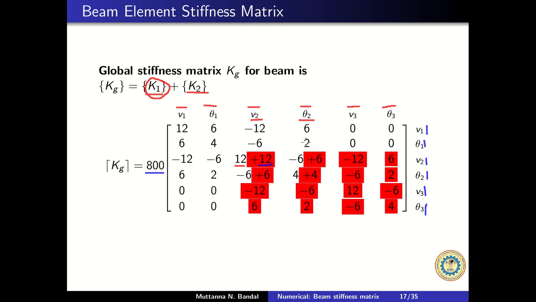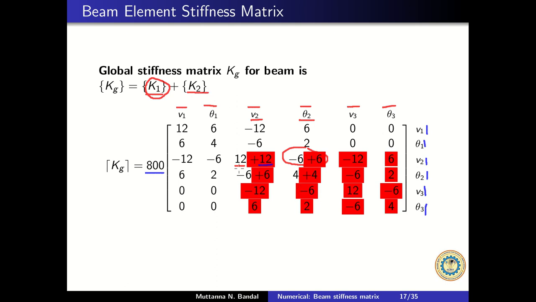So that is the assembly. Similarly, theta 2 of element 1 and V2 of element 2 will have a common sharing. So minus 6 plus 6. Minus 6 is from stiffness matrix 1, plus 6 is from element 2 stiffness matrix.